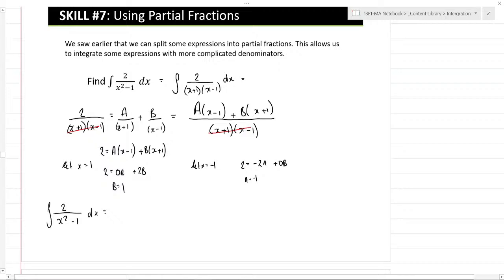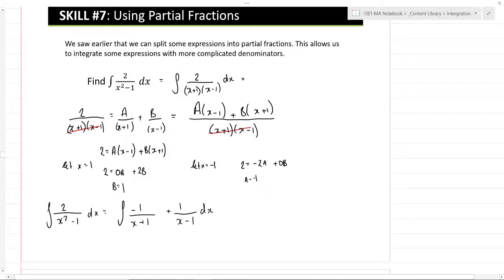Now, a is equal to minus 1, so that's going to be the integral of minus 1 over x plus 1 plus 1 over x minus 1 with respect to x. Everybody all right with that?